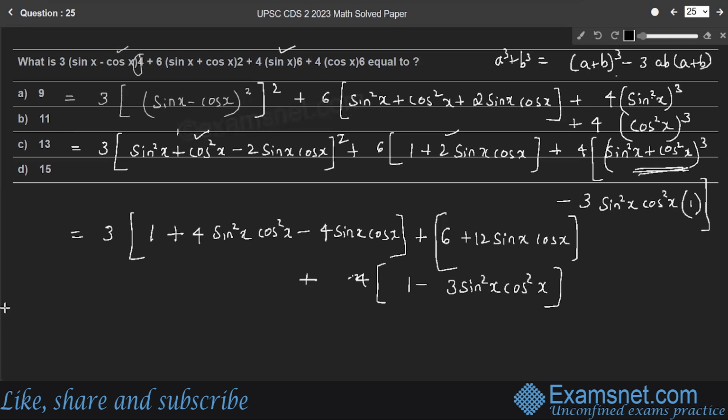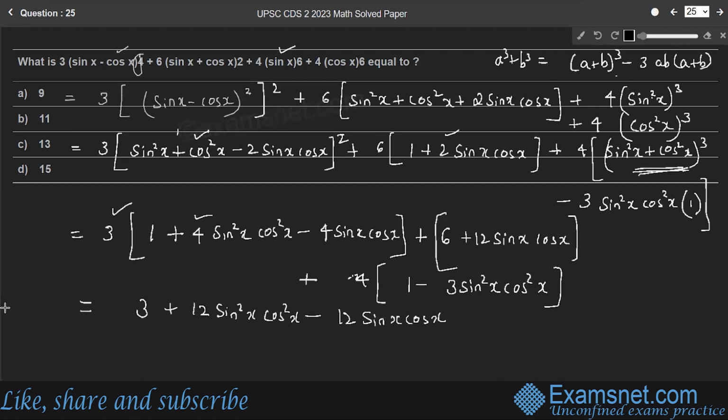Therefore, we have 3 into 1 is 3 plus 3 into 4 sin square x cos square x, which is 12 sin square x cos square x, minus 3 into 4 sin x cos x is minus 12 sin x cos x.